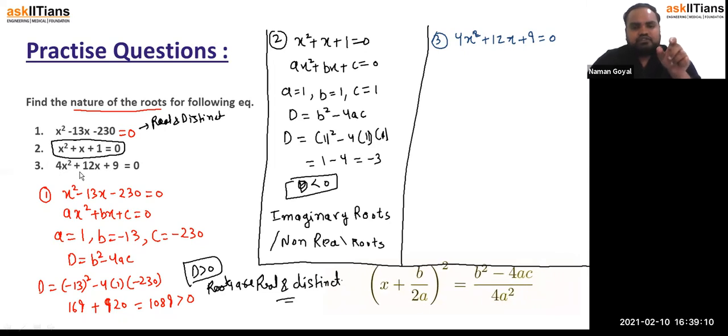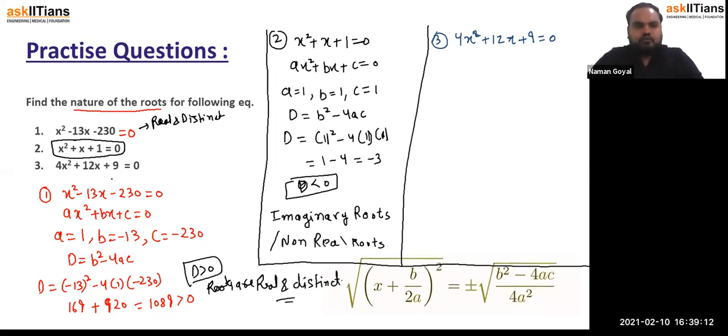But in this third question, the coefficient of x square is not 1.